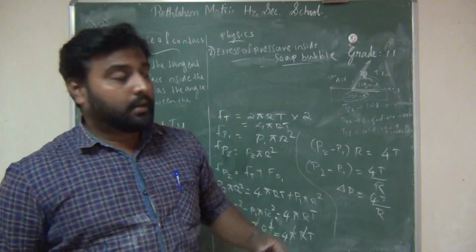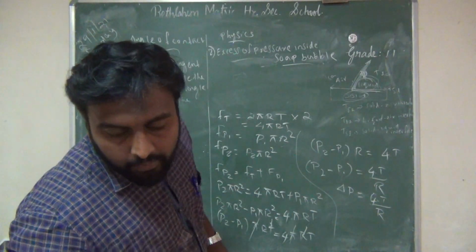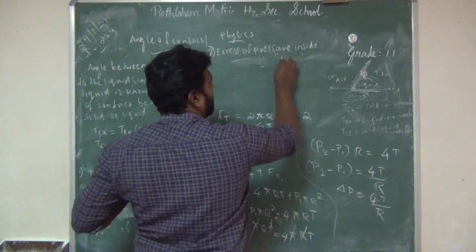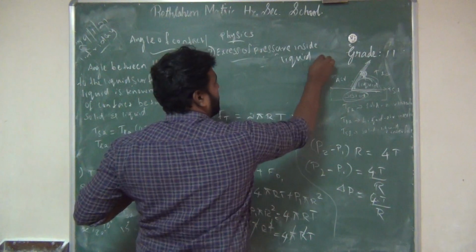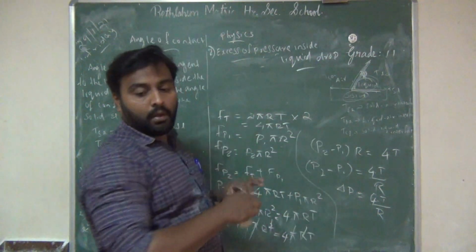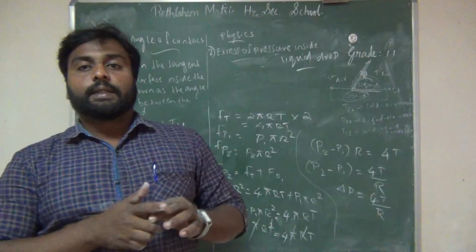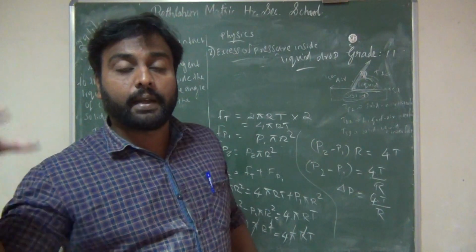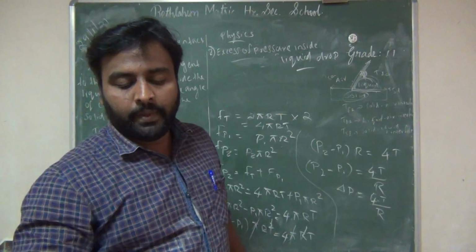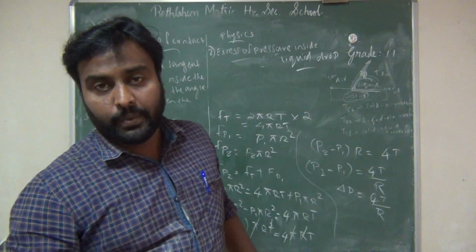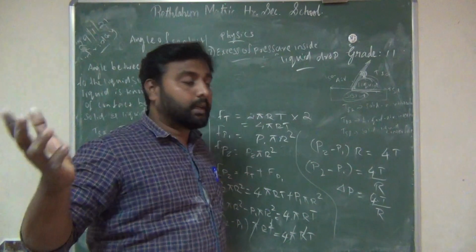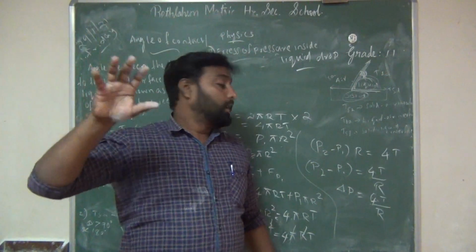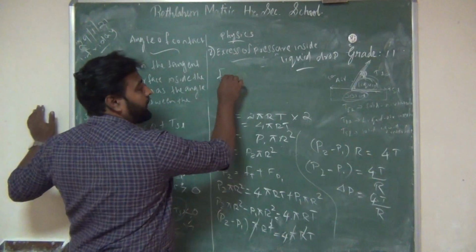And the next thing is we have to find out the excess pressure inside a liquid drop. You can see the diagram: inside one liquid drop of radius r and whose surface tension acting on it is T, and you can see in the diagram inside there is a pressure acting, and the outside pressure is also acting. So inside pressure acting is equal to outside pressure, the same thing, Ft.